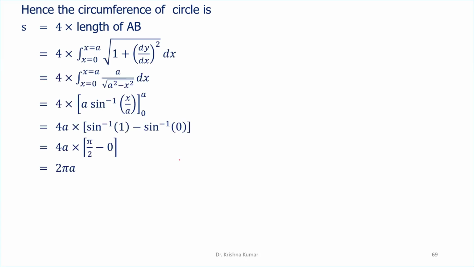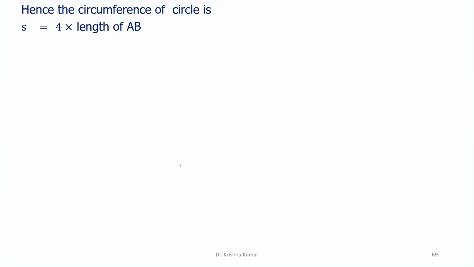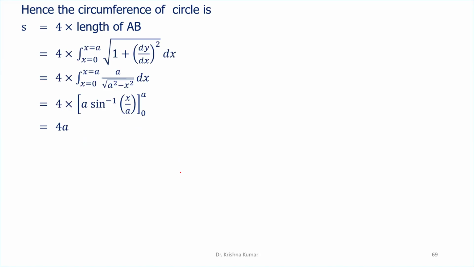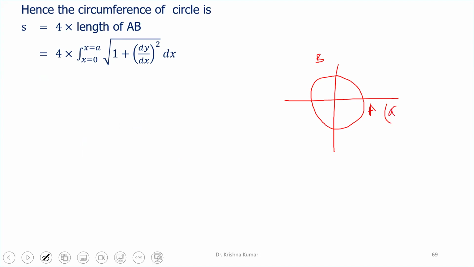Let me show you. This is a circle. This is A and this is B. So we want to find the length, with A0 and 0B. If we find the length of this part and multiply it by 4, then we get the whole circumference of the circle.